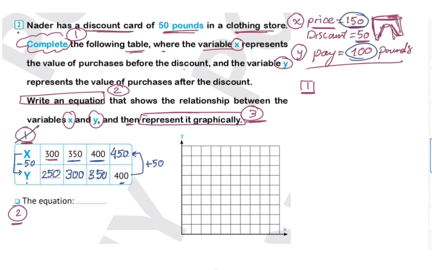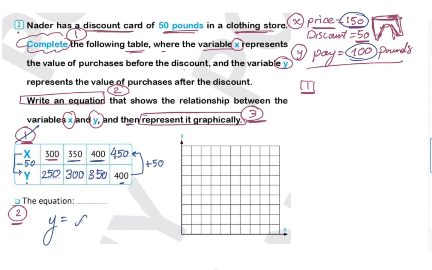Second part. Now, it's easy for me to write this equation. Why? I know what x is, what y is, and what the relation between them is. What you will pay, y, is the dependent variable, so it's alone here, okay? And the independent variable is the original price, from which I subtract 50.